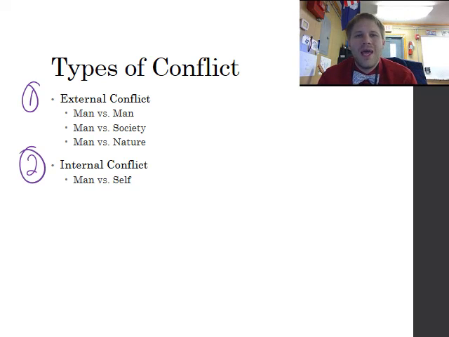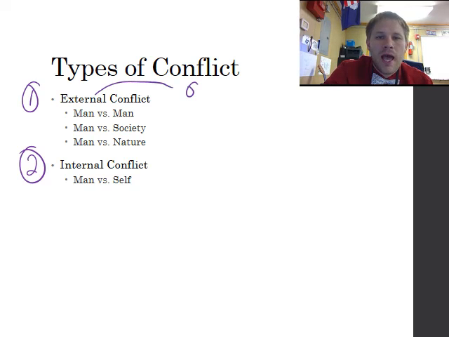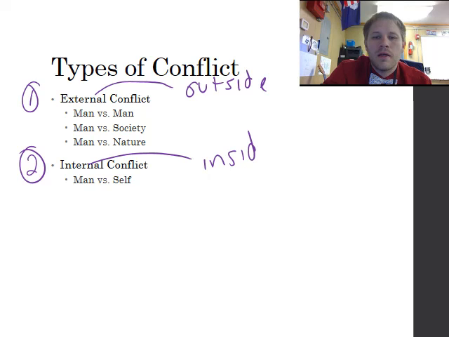We have what we call external conflict and we have internal conflict. The word external means outside and the word internal means inside. So that's something to think about when you're thinking about the two major types of conflict. We're going to look at three types of external conflict, or outside conflict, and we're going to look at one type of internal conflict.